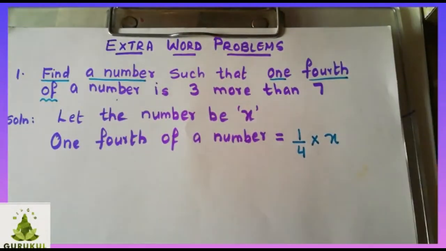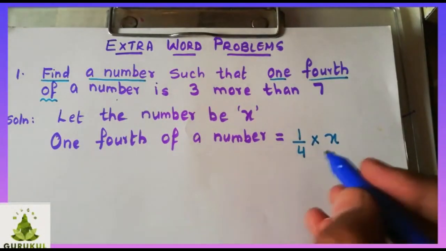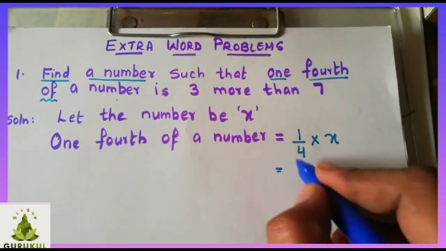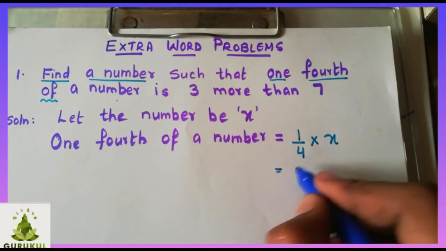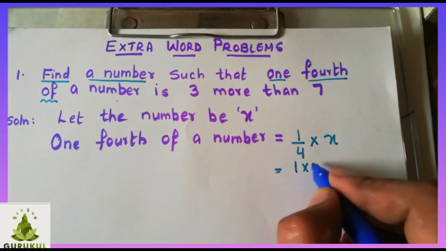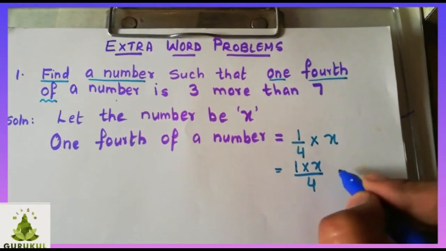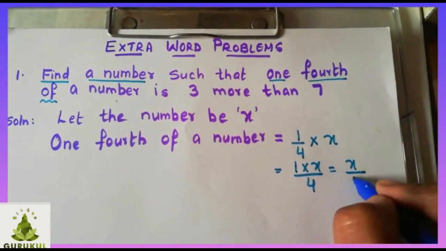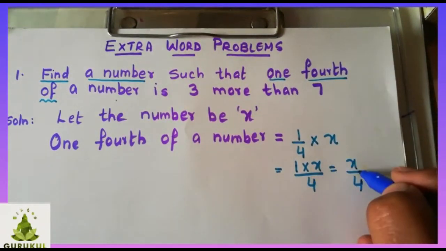So 1/4 of x. Is it clear? 1/4 of a number means 1 upon 4 of x, which you can write as x upon 4, or 1 into x upon 4, any way you can write. So 1 into x upon 4 is equal to x upon 4. This is 1/4 of a number.